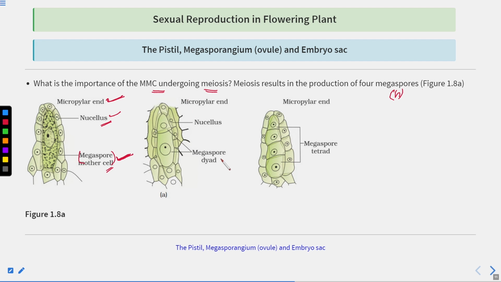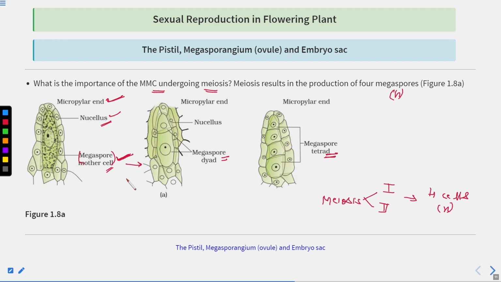Because of meiosis, first 2 cells form, and in the end 4 cells are formed. Meiosis takes place in 2 phases, meiosis 1 and meiosis 2, and in the end 4 unique haploid cells are formed. A tetrad means 4 cells, so a tetrad is formed after meiosis.